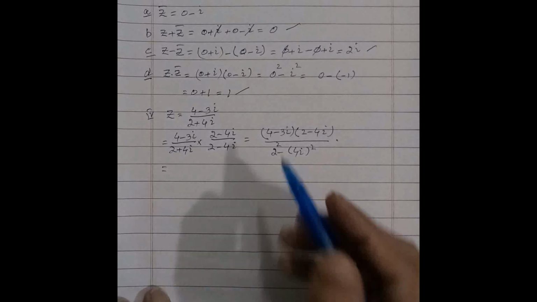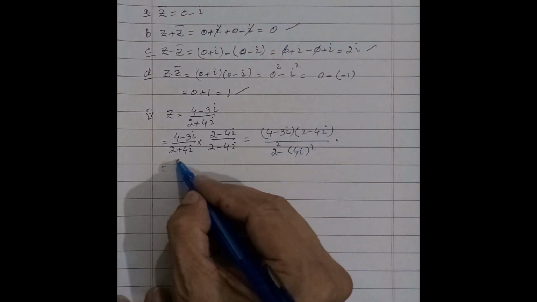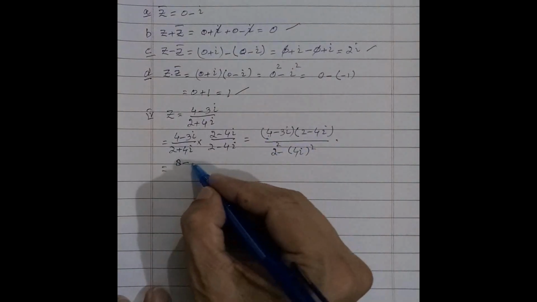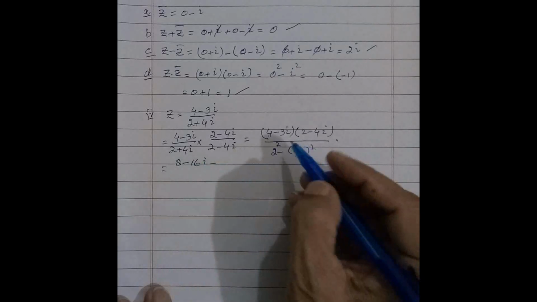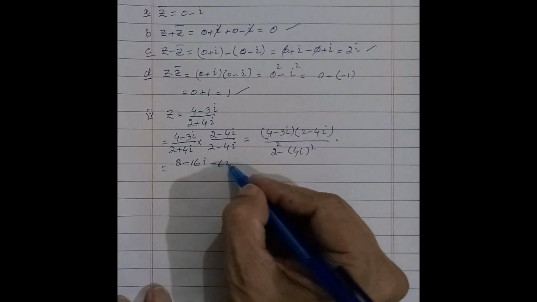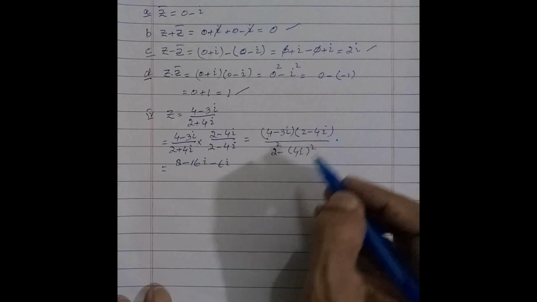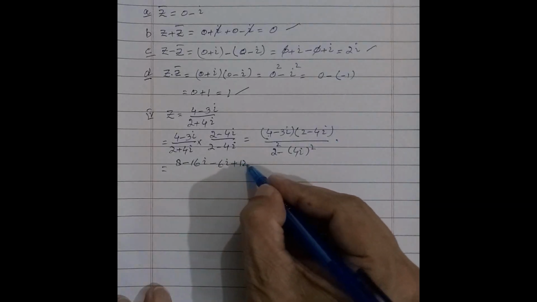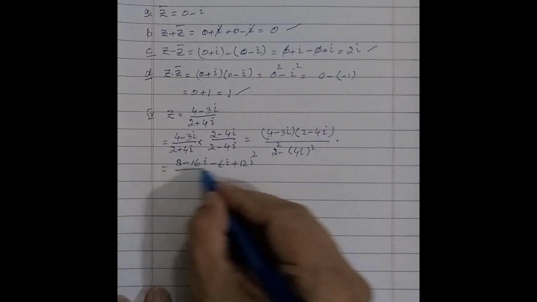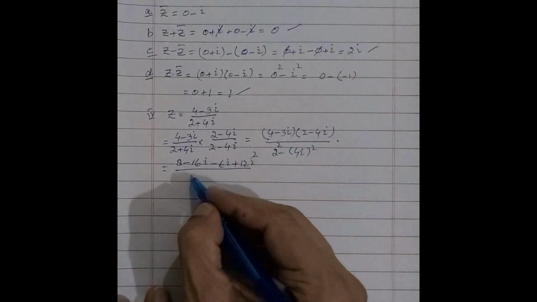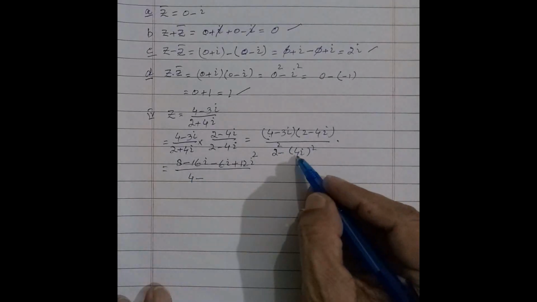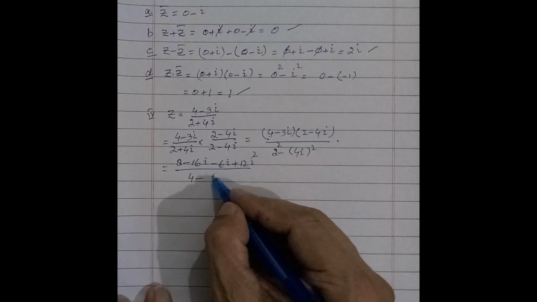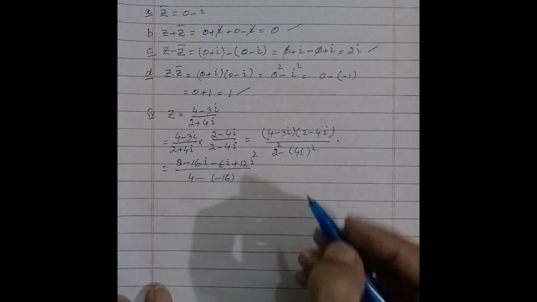Now we simplify it. 4 multiplied by 2 is 8, minus 4 fours are 16 iota, minus 3 twos are 6 iota, minus 3 multiplied by minus 4, which is plus 12 iota square, over 2 square, which is 4, minus 4 iota square, which is minus 16.